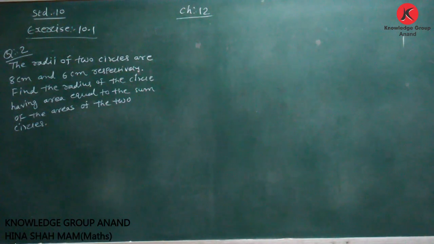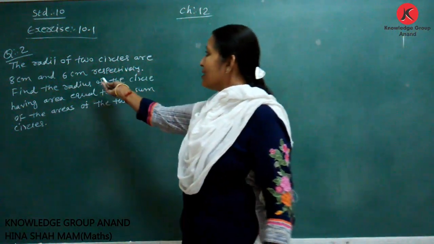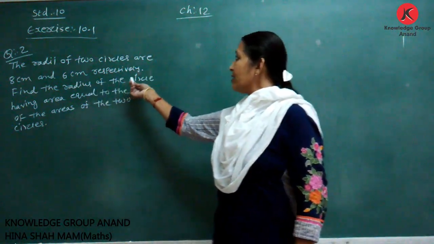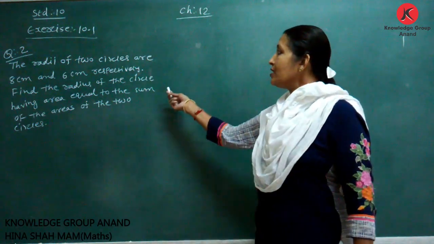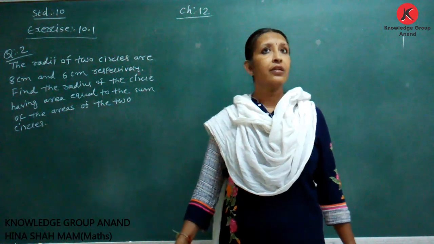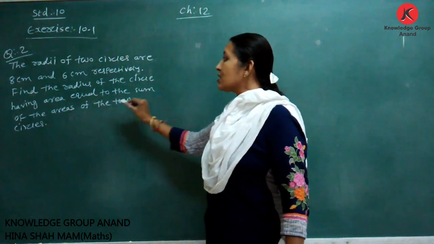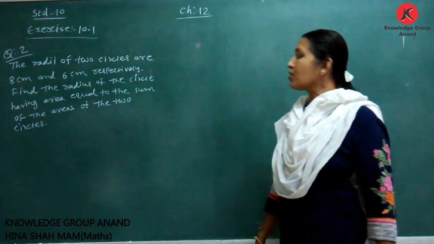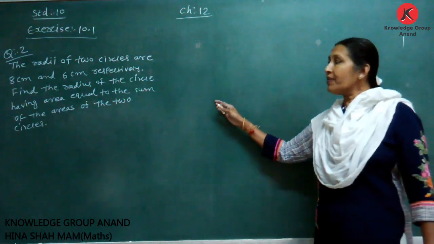Now, question number 2. The radii of two circles are 8 centimeter and 6 centimeter respectively. Find the radius of the circle having area equal to the sum of the areas of the two circles. It is like question number 1.